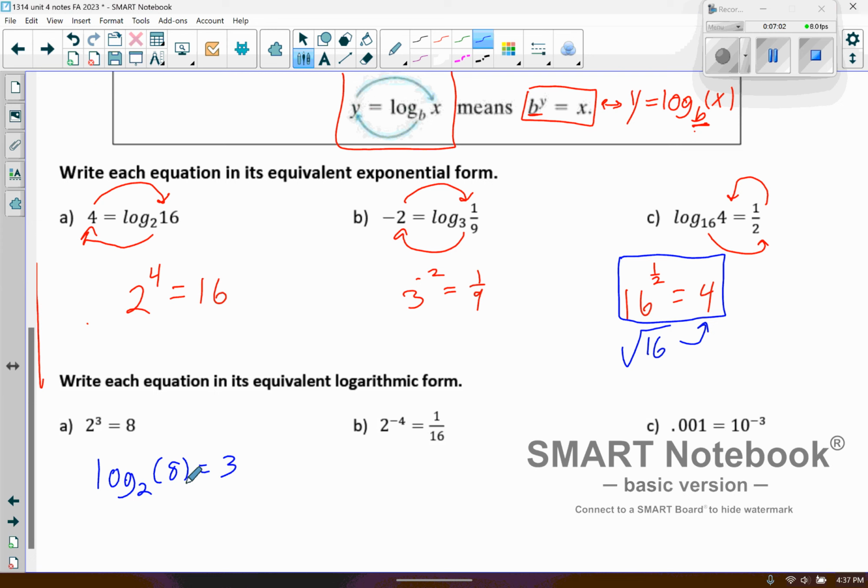Because what's going on here, eventually we're not going to give you all 3 pieces. Eventually you're going to be missing one of the pieces. But really all this is saying is 2 to the power of 3 equals the value right here inside the parentheses. Same thing here. We're going to have log base 2 of 1/16 is equal to -4, because if you take 2 and raise it to the power of 4, you'd have to reciprocate it, and then it would turn into 1/16.